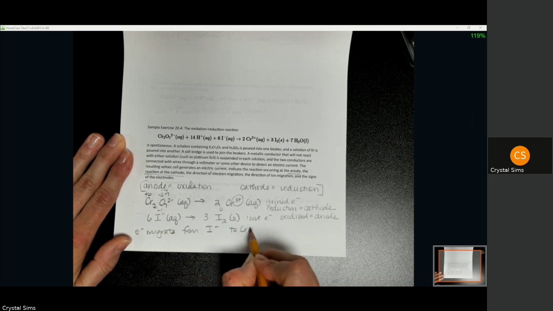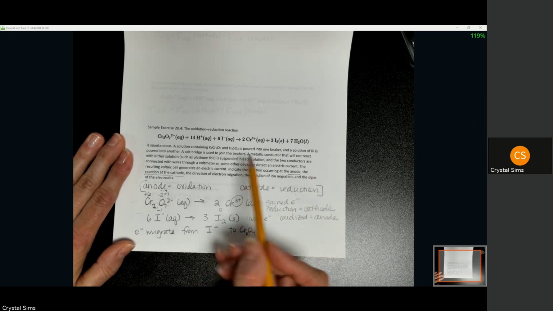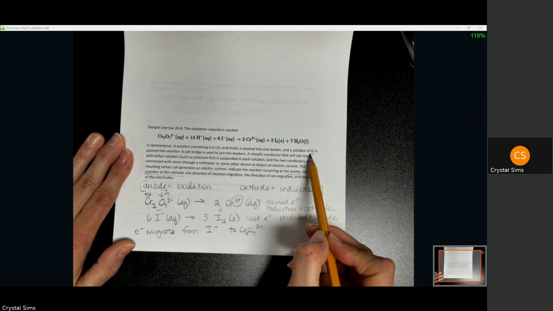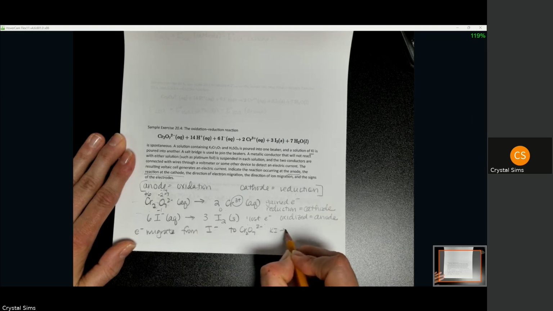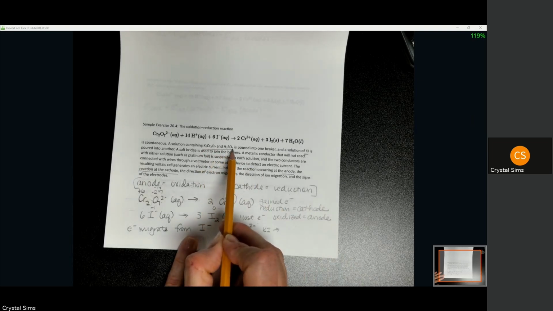So our electrons migrate from the iodine to the chromium. But it's not enough to just say that. Where is the iodine coming from? Well, the iodine is coming from the potassium iodide solution. So we can say that it's going from KI to the solution of potassium dichromate and sulfuric acid.